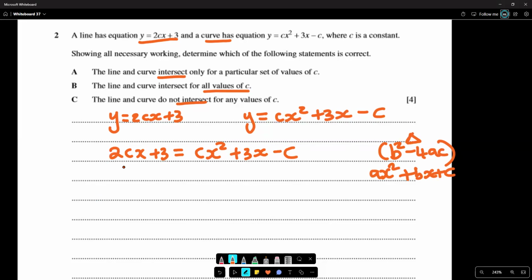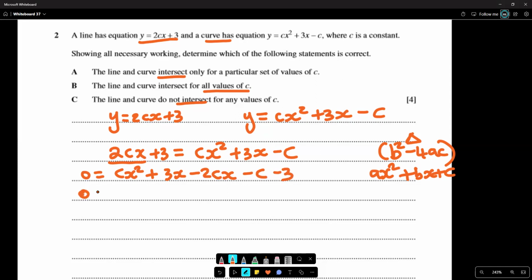So now let's check. I'm going to take everything from the left to the right. So we're going to have cx squared plus 3x. I'm going to group with this one, which becomes minus 2cx. And then this one is there, minus c, and then this one will become minus 3.